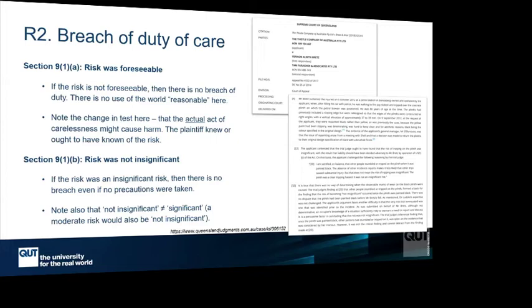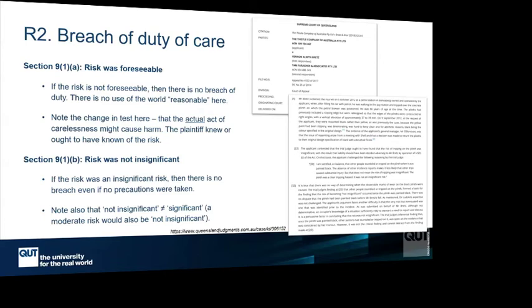What's an example of an insignificant risk? There's a great example from cricket, where a cricket ball gets hit out of a stadium, over a stand, and hits and injures someone. But evidence showed that a ball had been hit out of the stadium only once in the past 30 years.